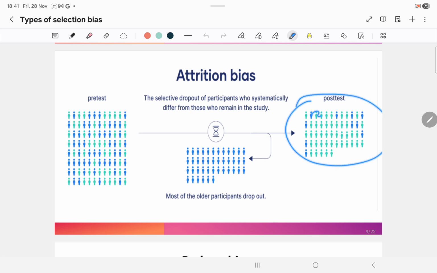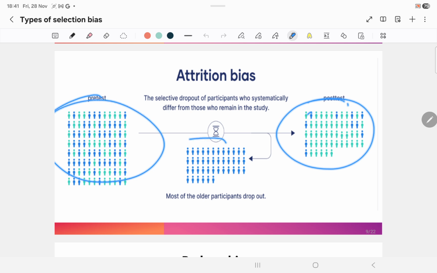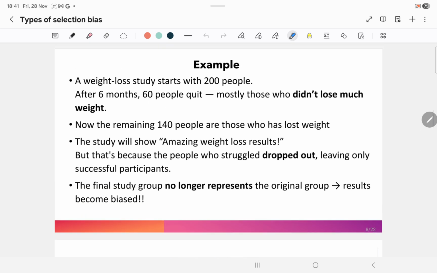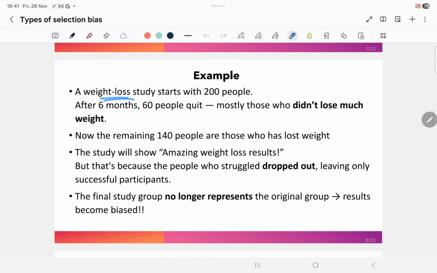Now your population is not balanced. The population you are getting at the end of the study will not be balanced in terms of this blue characteristic. So that is attrition bias, the selective dropout of participants who systematically differ from those who remain in the study. Suppose there is a weight loss study that starts with 200 people. After 6 months, 60 people quit.